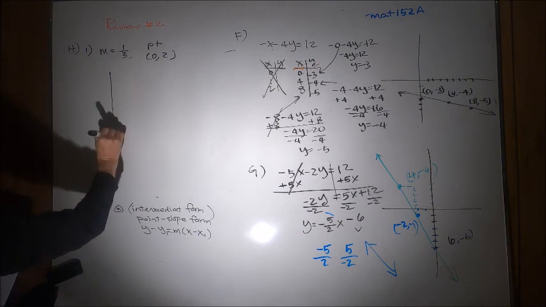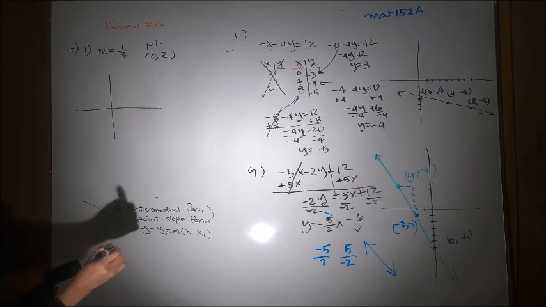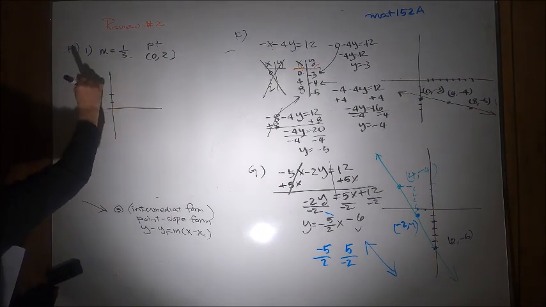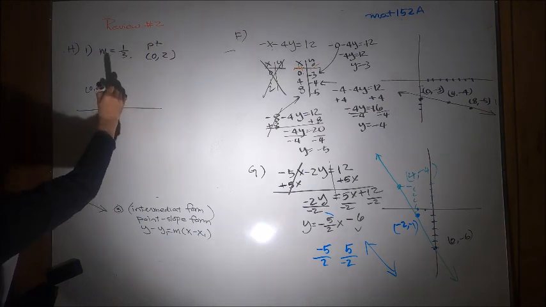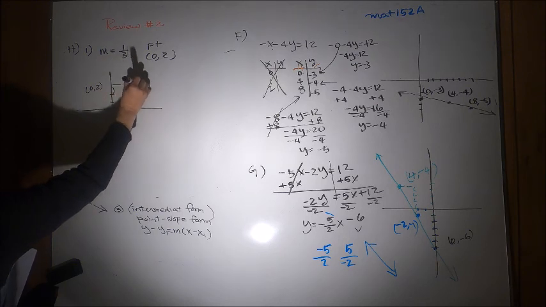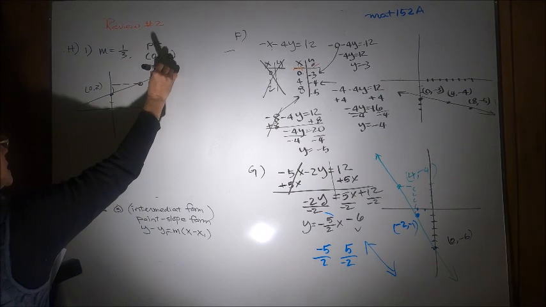So your slope is what? 1/3. That means rise over run. Point is what? 0, 2. So the slope is what? Rise over run. Rise 1, run over 3, things like that, right? So that would be your line.